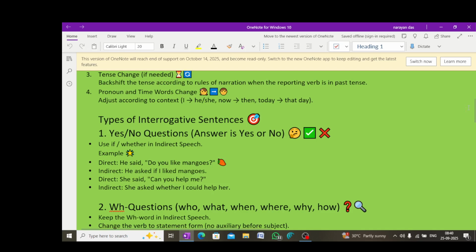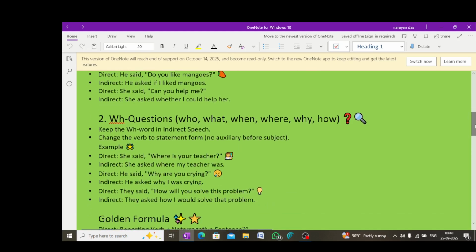Second, WH questions. Keep the WH word in the indirect speech. That is, in the indirect speech, the reported speech begins with the WH question word and other changes are made accordingly. Example, direct: she said, where is your teacher? Indirect: she asked where my teacher was.